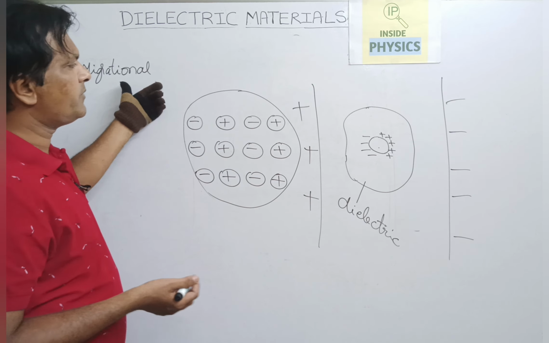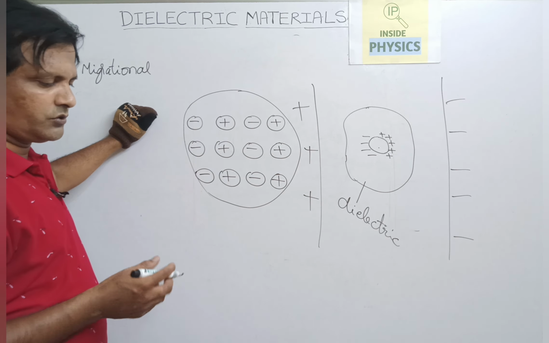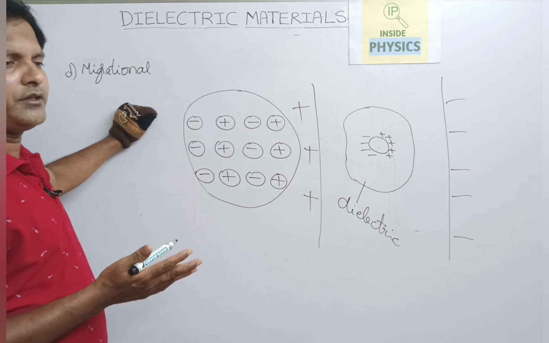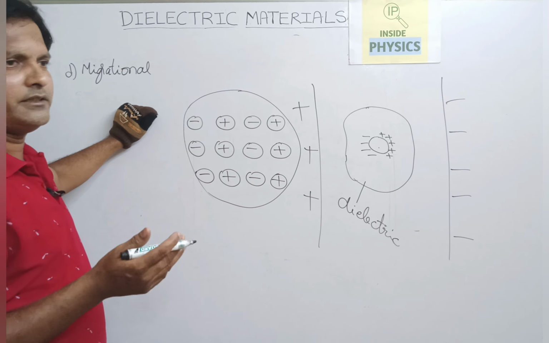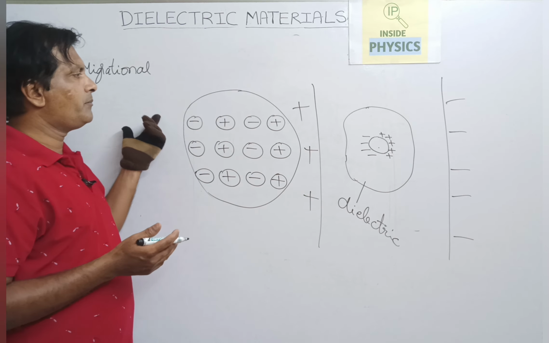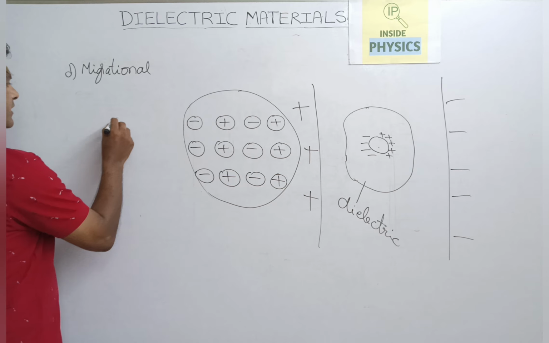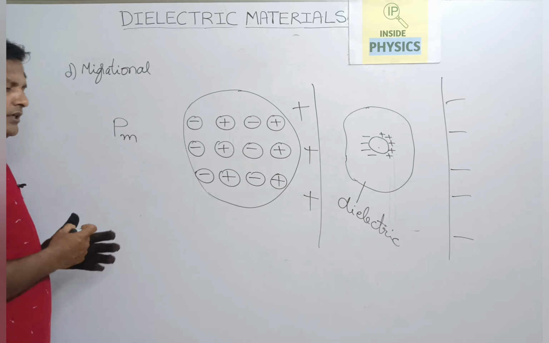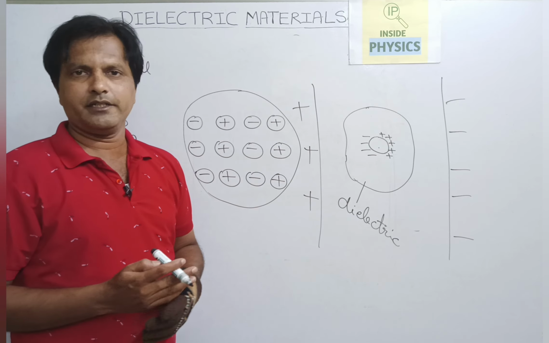This migrational polarization is not so big compared to the other three polarizations, so we naturally neglect it when calculating the total polarization of a material.